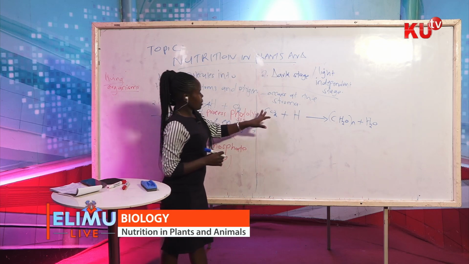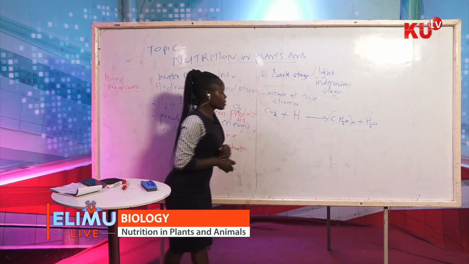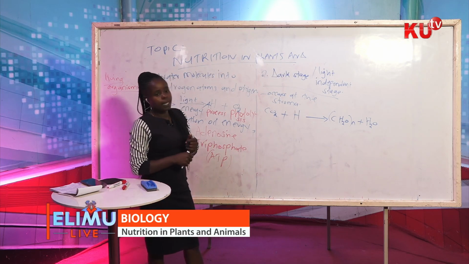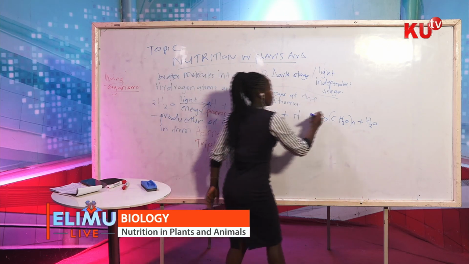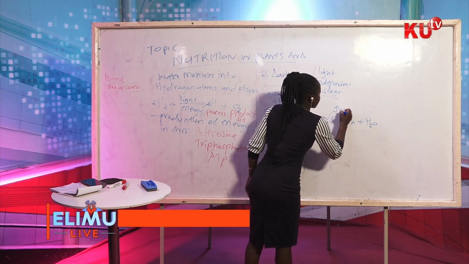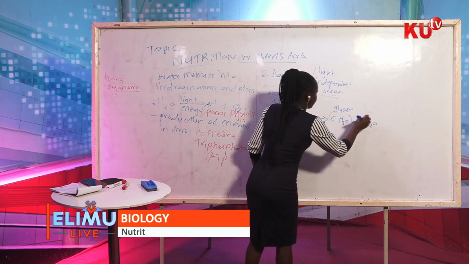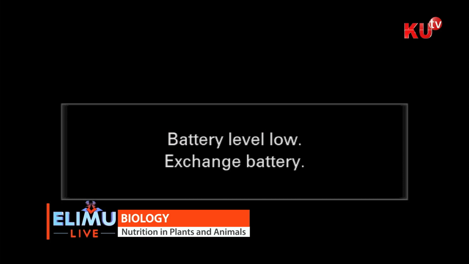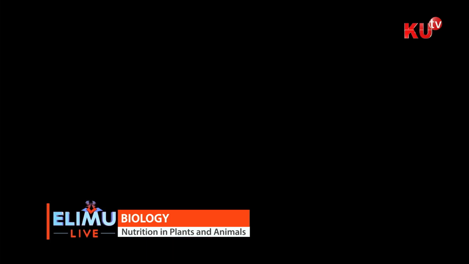So the carbon dioxide combines with hydrogen atoms to form the simple carbohydrate, which is what? This is glucose and water. If I may balance the equation, here we have 4.